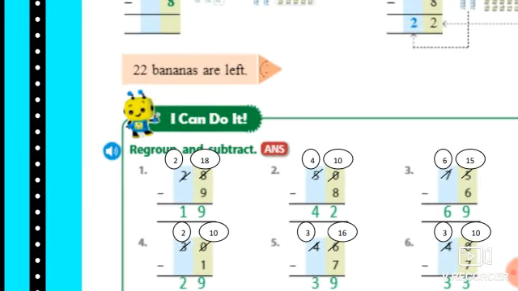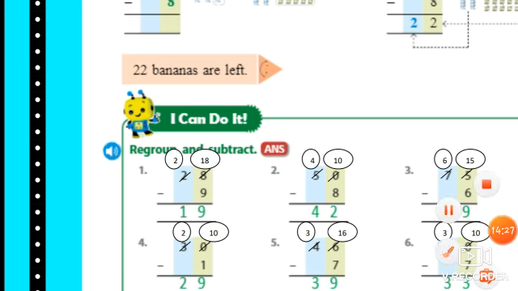28 minus 9. Can we minus 9 from 8? No, because 9 is a bigger number and we can't subtract from the smaller number, that is 8. So we will take borrow. From which place? That is tens place. By mistake here it has been written 2. Here it will come 1, students.